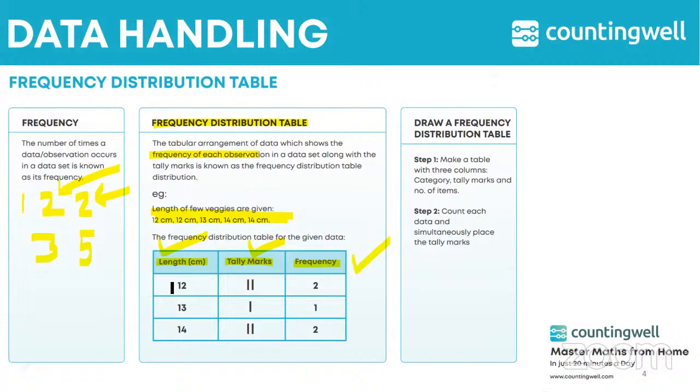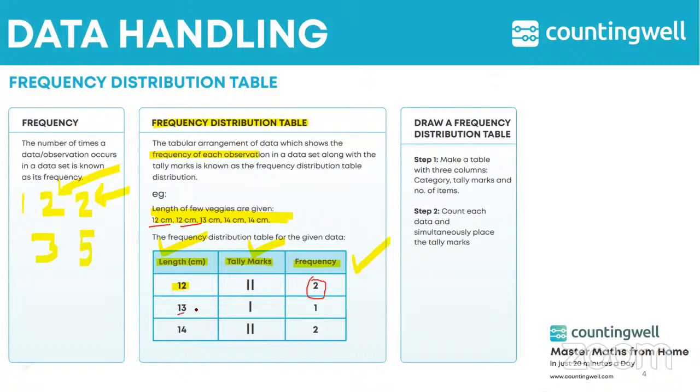Here you can see the length 12 centimeter is repeated how many times? It is repeated 2 times. So here you can see 12 centimeter, 12 centimeter repeated 2 times. That's why the tally marks here we have 2 and frequency 2. Correct?